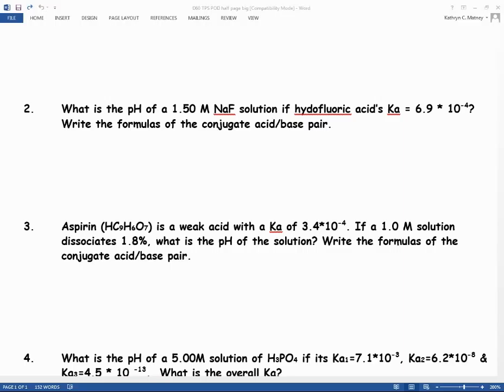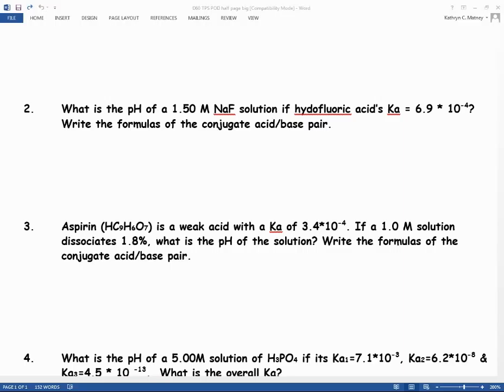All right, so here's the conjugate acid, here's the weak base. Weak base, conjugate acid. The pairs, we have 1.5, we have 0, 0. We have minus X, plus X, plus X.